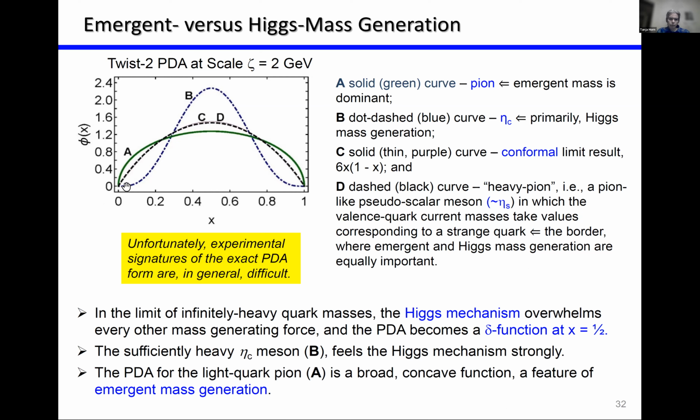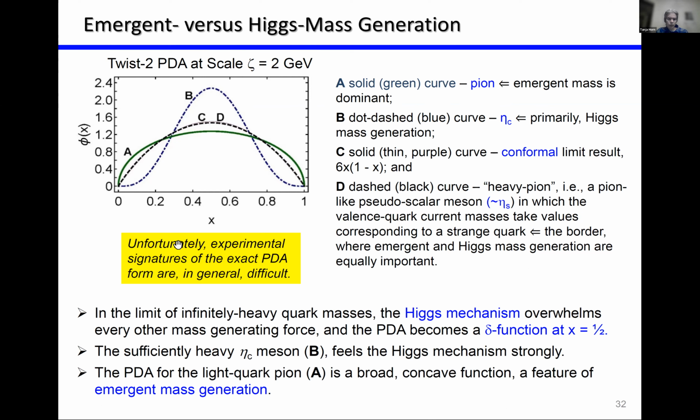Then we see the curve B, a heavy quark system, the eta. This one is even narrower in distribution amplitude than the asymptotic form, and so it shows that it is primarily dominated by the Higgs mass generation. In between, one would have the pion, which is not shown here.